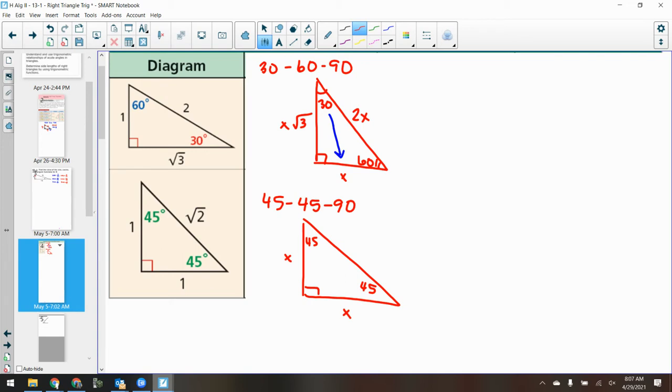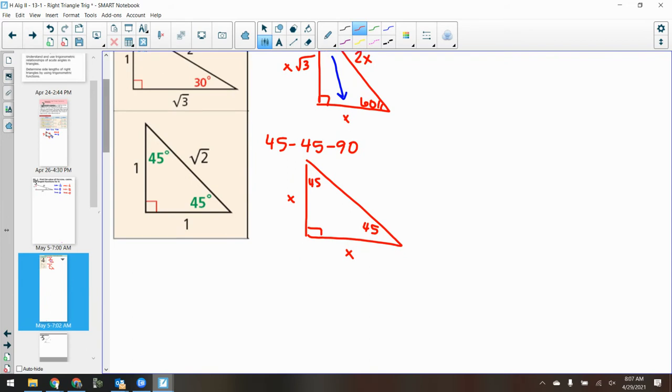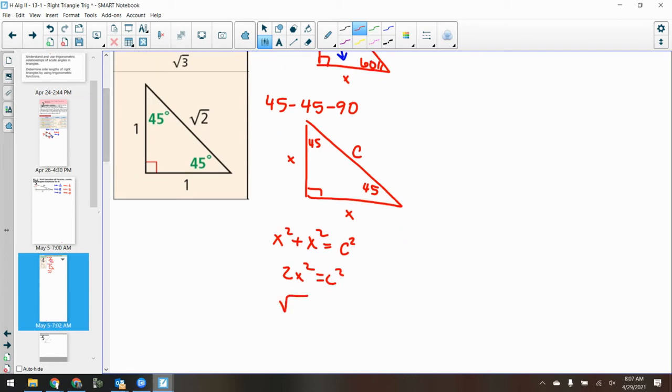If you put x's there, let's figure out what the hypotenuse is using some Pythagorean. x squared plus x squared equals c squared. Well, x squared plus x squared is 2x squared. Then I square root the opposite side, and I pull out my x. x radical 2 is c. So whatever my leg length is, say it's x, I'm just going to tack on a radical 2.